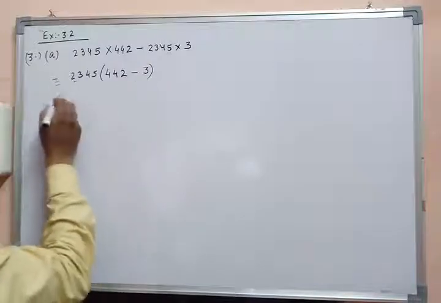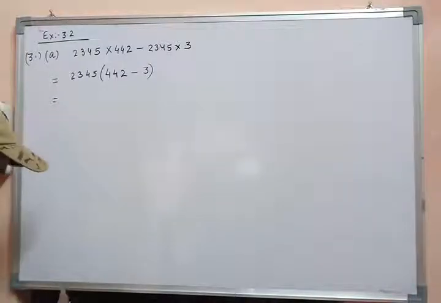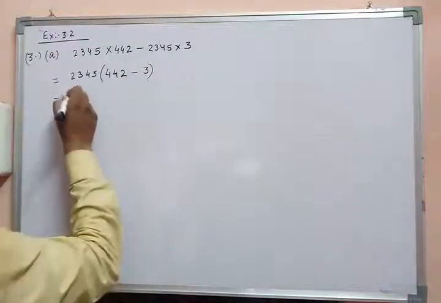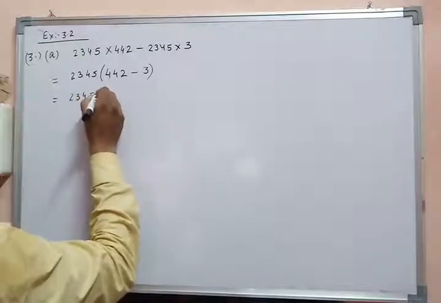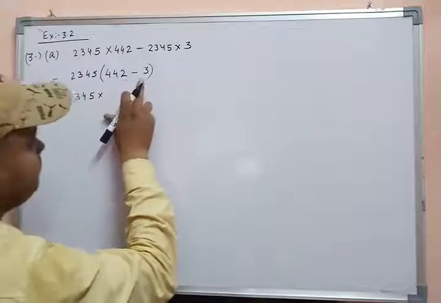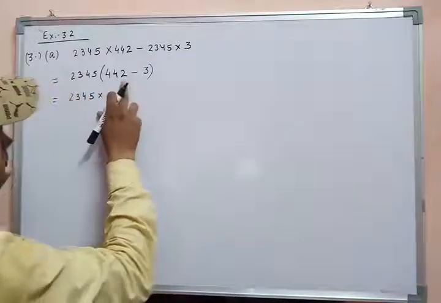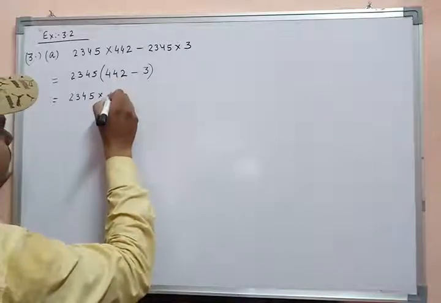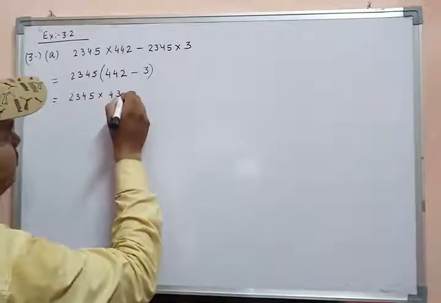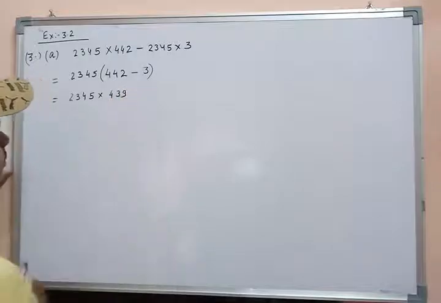Now we can easily solve this question. 2345 multiplied by, after subtracting 442 minus 3, we will get 439.